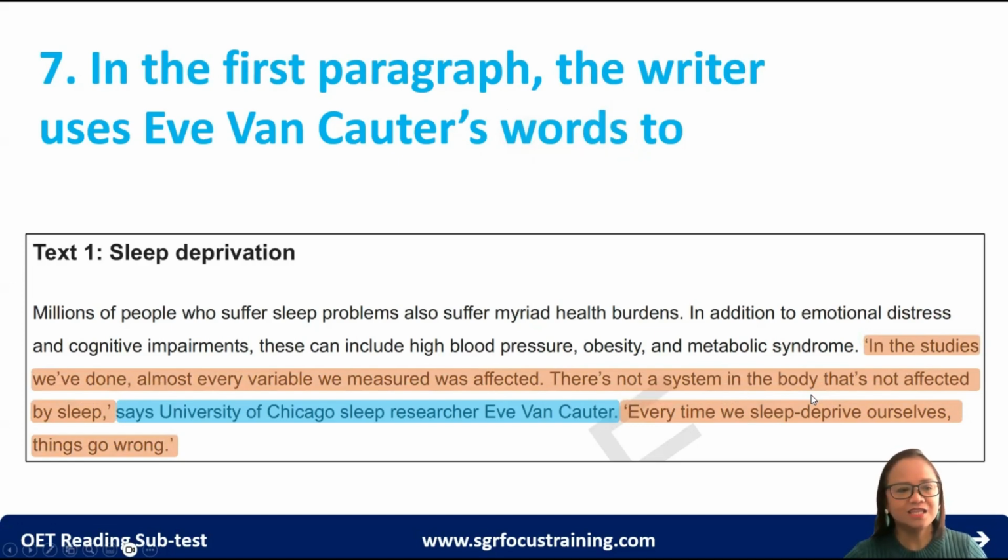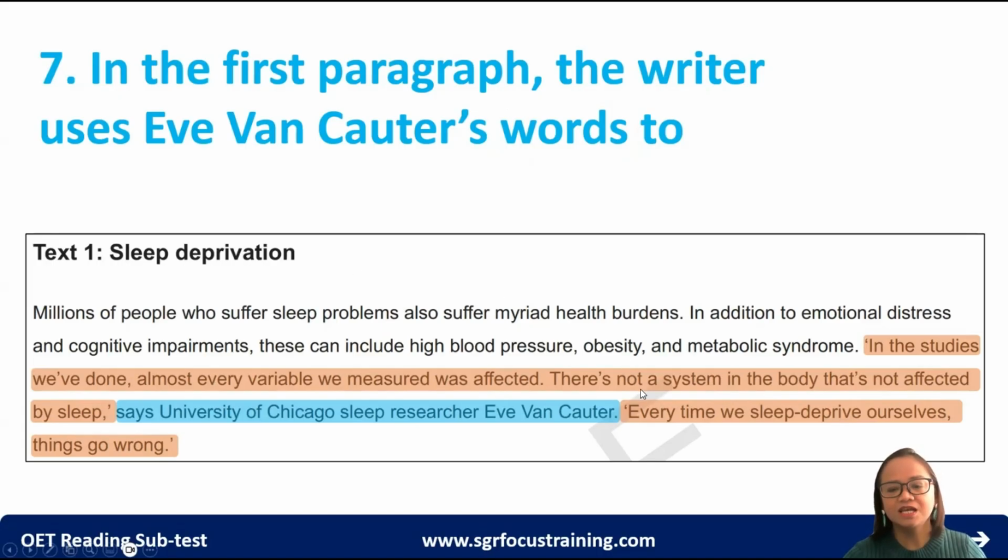So she said, "In the studies we've done, almost every variable we measured was affected. There's not a system in the body that's not affected by sleep." So she's telling us they did a study about sleep deprivation. That is the topic that we have in here.